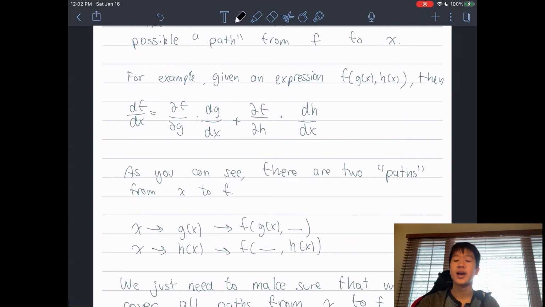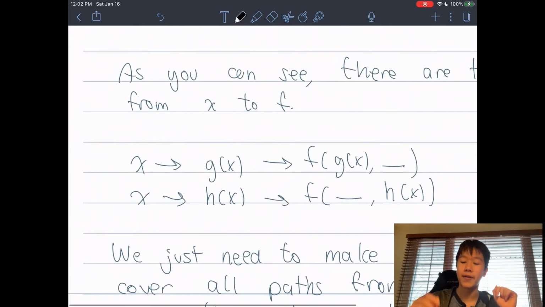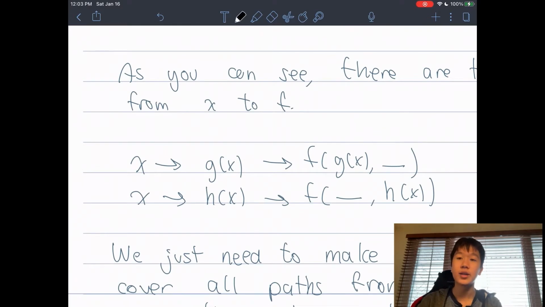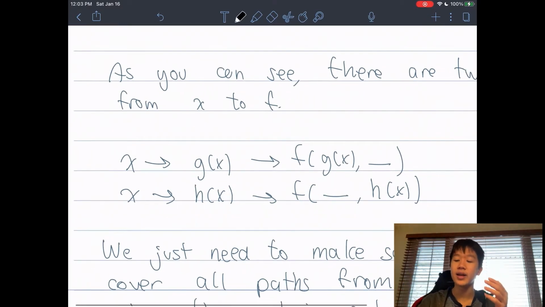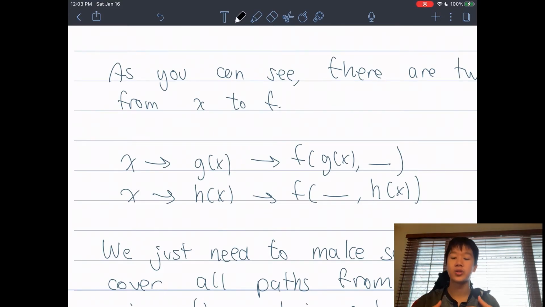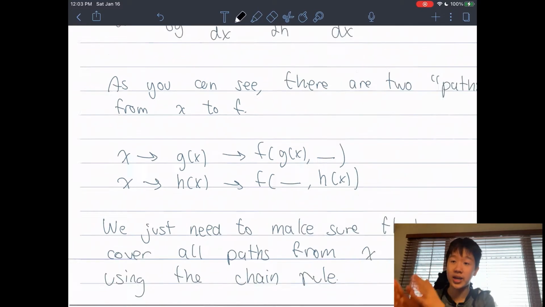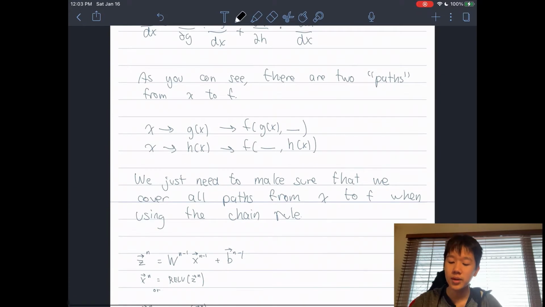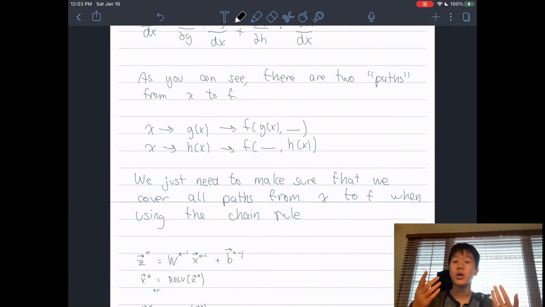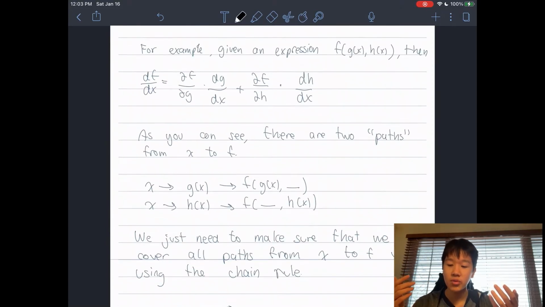So why is that? As you can see, there are two paths that from x go to f. There is x that goes to g of x, and that goes to f. There's also x that goes to h of x, which goes to f. So when we're doing the chain rule, we just need to make sure that we cover all paths from x to f.